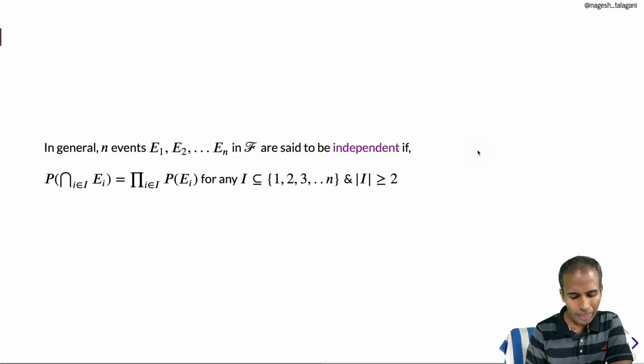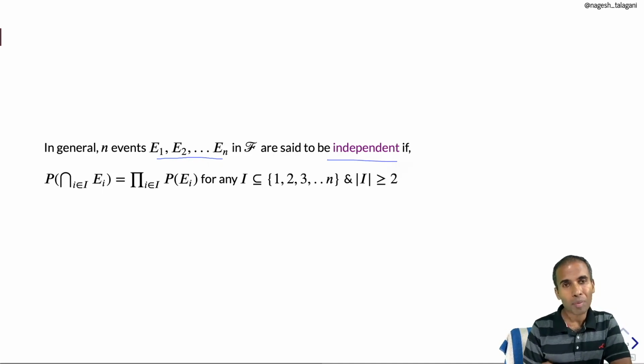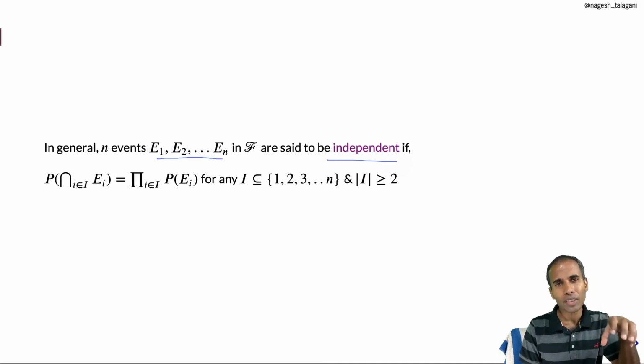In general, n events E1, E2, and so on up to En in the event space are said to be independent or mutually independent if the probability of the intersection of every subcollection of E1, E2, ..., En equals the product of their probabilities.